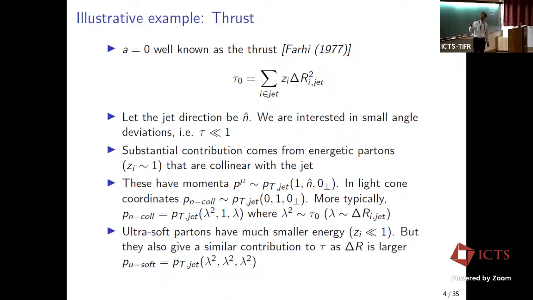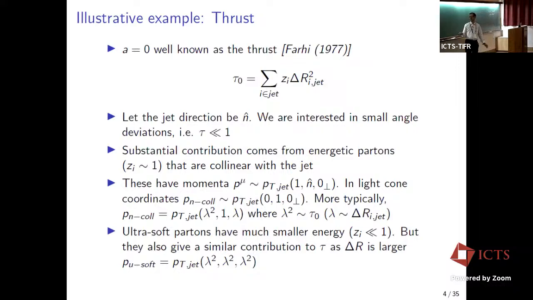Of course, if z is large, then that contributes significantly. So those collinear modes have this sort of scaling in momentum, which basically in light cone coordinates is going in a particular n direction. And this gives some contribution to this observable.